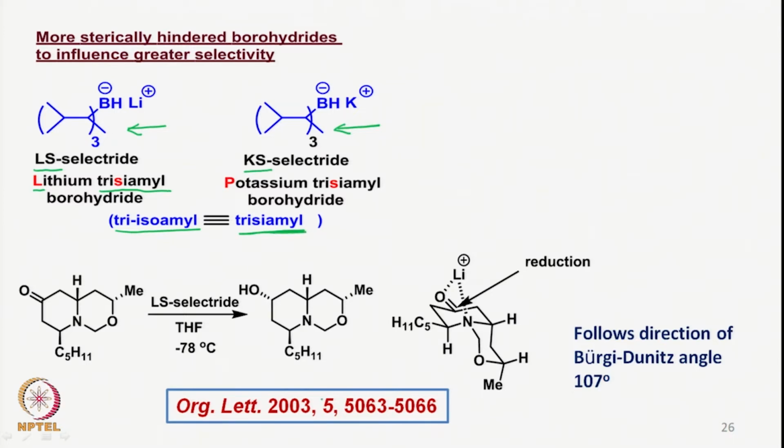Now we take a case of this kind which was reported in the literature in 2003. If we take this bicyclic molecule which is now reduced, you can see that the reduction leads to this particular hydroxy group being alpha.